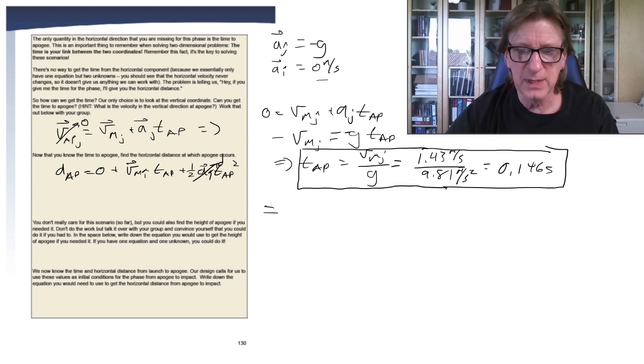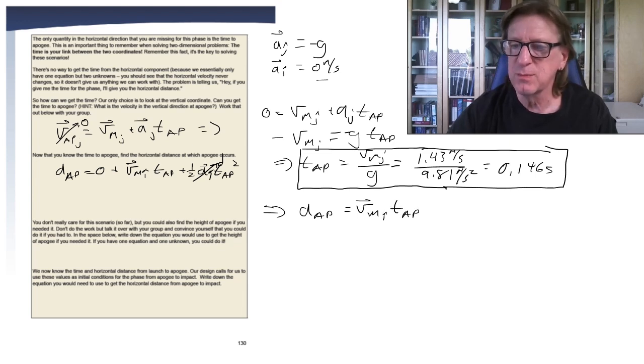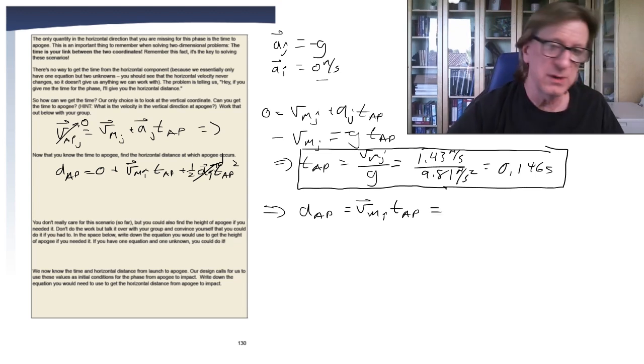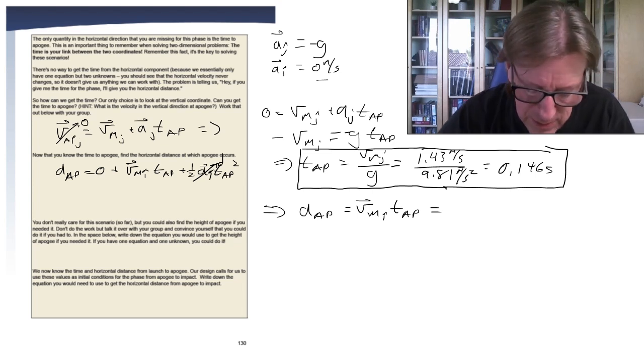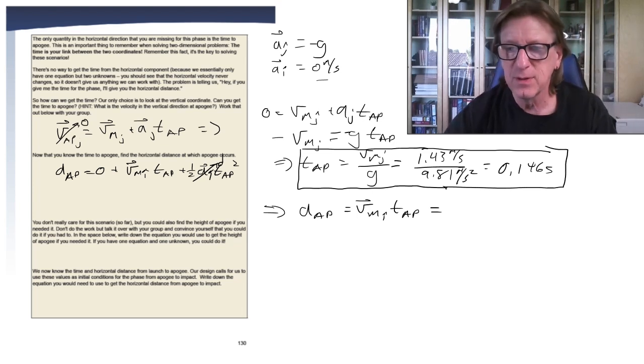So we'll put that down here, and that's going to give me d_ap is equal to V_M in the i hat direction times T_ap, which we know both of those. So let's go ahead and work out our numbers here. We decided that V_Mi, going back to our initial conditions, pulling back that page, was 2.05 meters per second times 0.146 seconds.